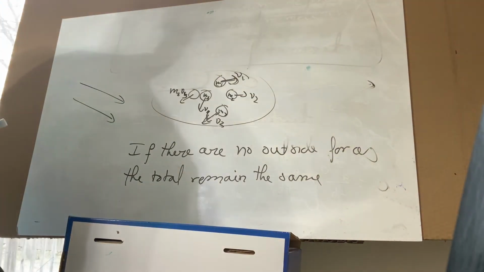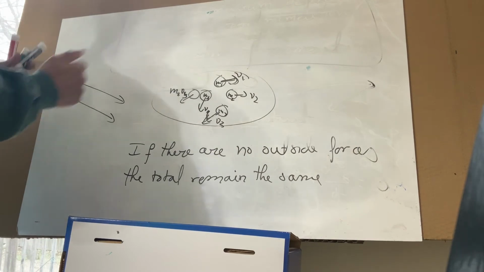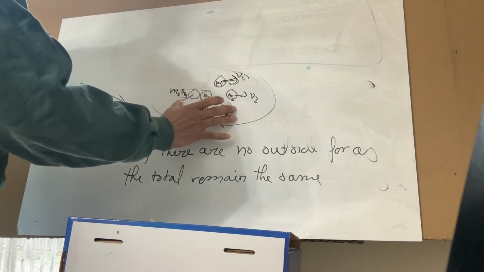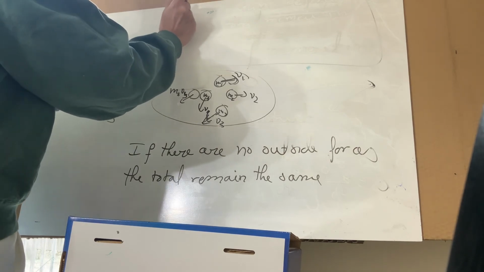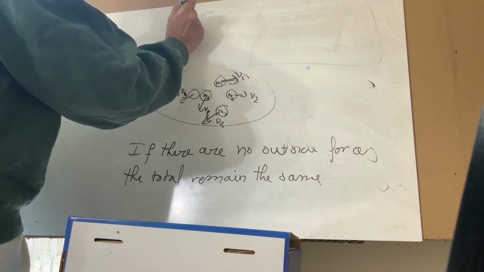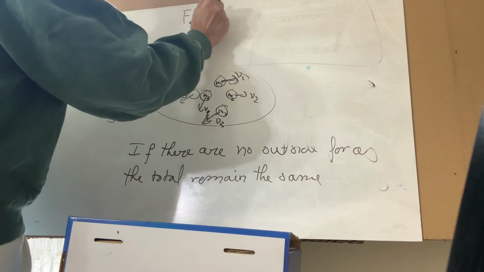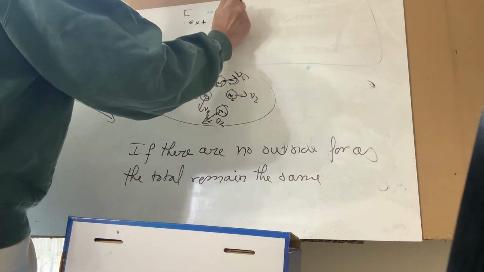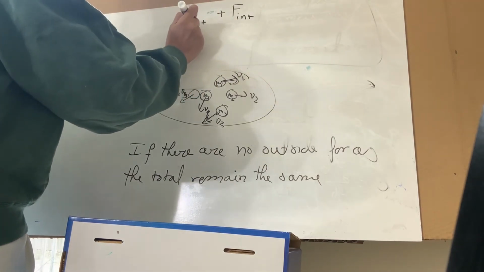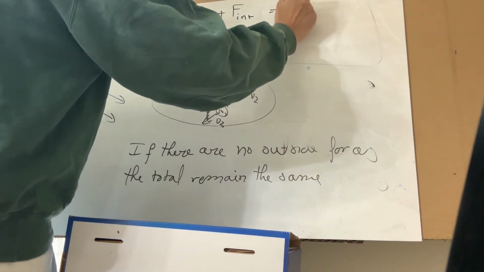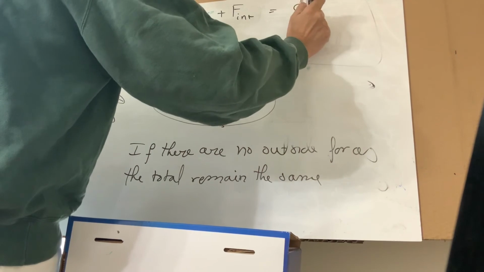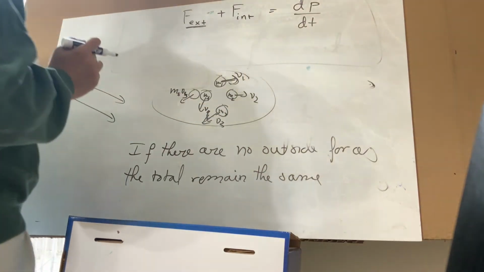If there are external forces, if there are outside forces, then the momentum will change. If the sum of the external forces plus the internal forces we talked about is not zero, then dp by dt is not zero. The momentum will change.